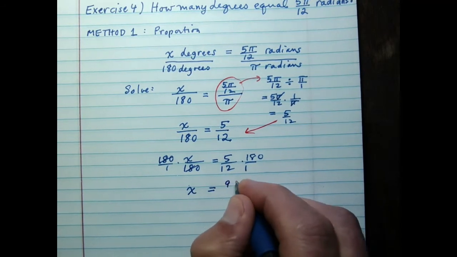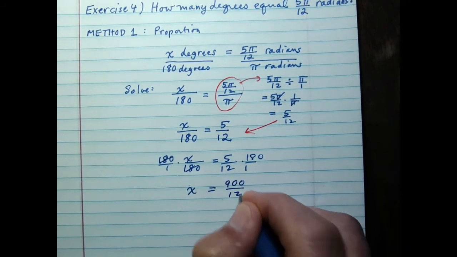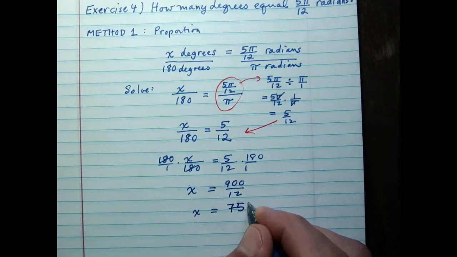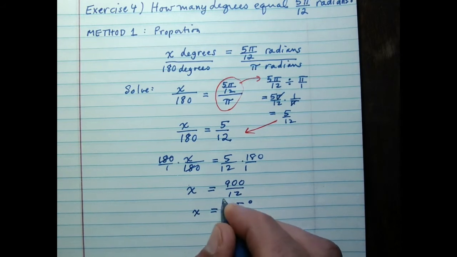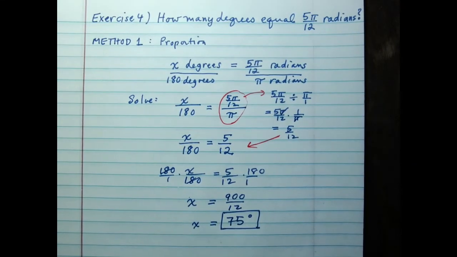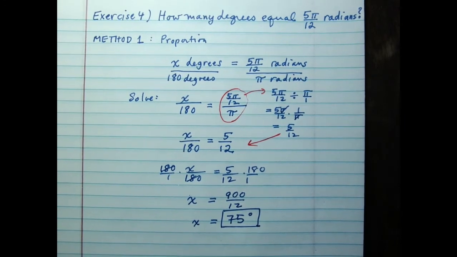I think that's 900 over 12, and you don't have to do that by hand, you can divide that out on a calculator. x is going to equal exactly 75 degrees. So that funny 5 pi over 12 radians, whatever that is, that's just another way to say 75 degrees. So here's method 1, the proportion technique.